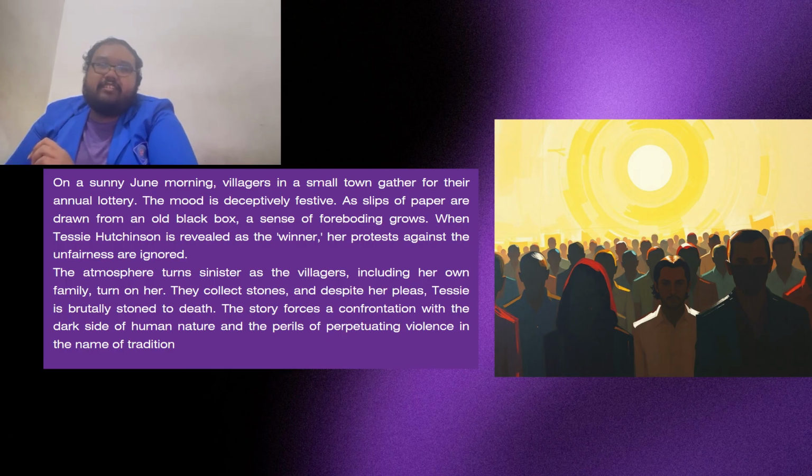When Tessie Hutchinson is revealed as the winner, her protests against the unfairness are ignored. The atmosphere turns sinister as the villagers, including her own family, turn on her. They collect stones, and despite her pleas, Tessie is brutally stoned to death. The story forces a confrontation with the dark side of human nature and the perils of perpetuating violence in the name of tradition.